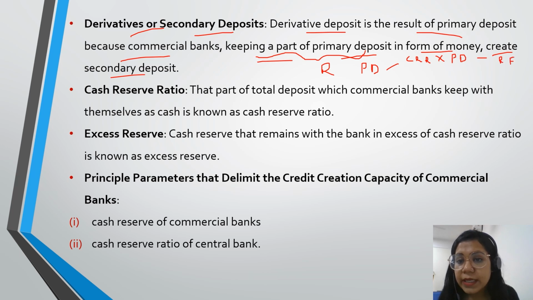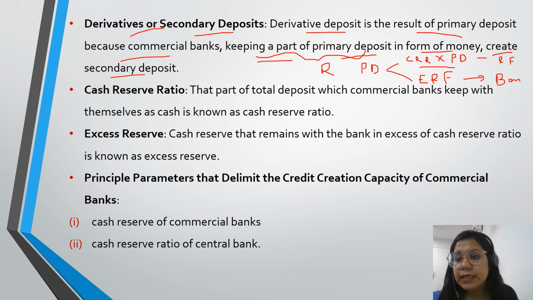So the remaining amount, which is the primary deposit minus this, is my excess reserves fund. And this excess reserves fund is used by banks to give loans. So when they give out a loan, what does the customer do? He deposits that loan amount in another bank.